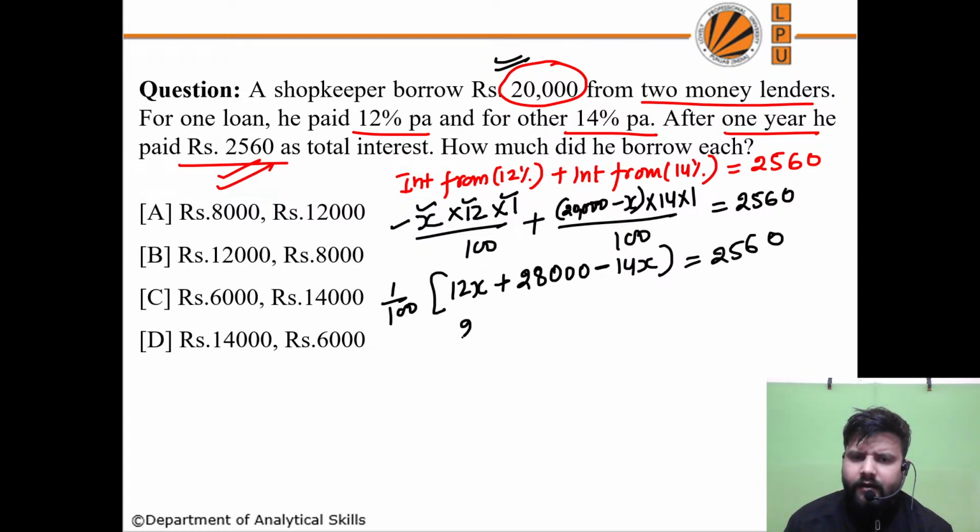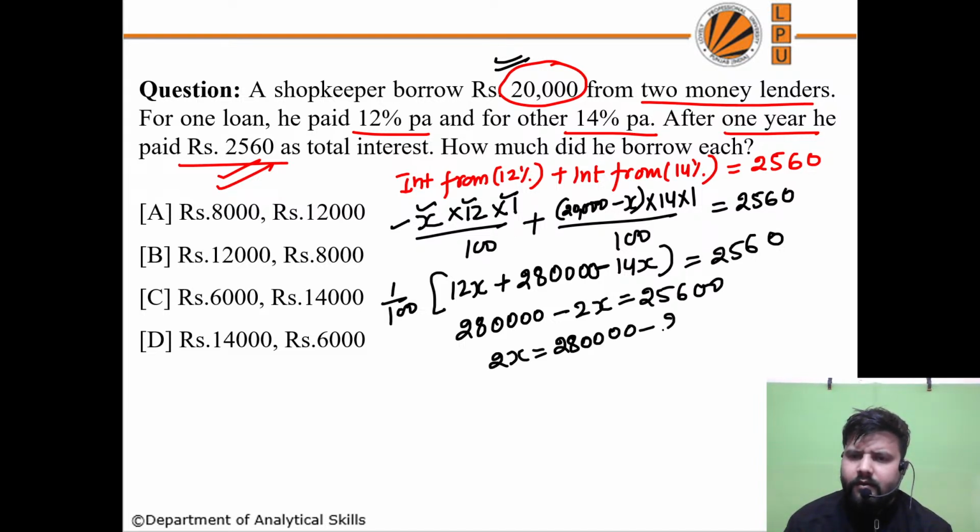So from here, 2,80,000 minus 2x is equal to 2,56,000. Getting it? So from here 2x is equal to 2,80,000 minus 2,56,000. So 2x is equal to how much? 24,000. So from here x is equal to 12,000.